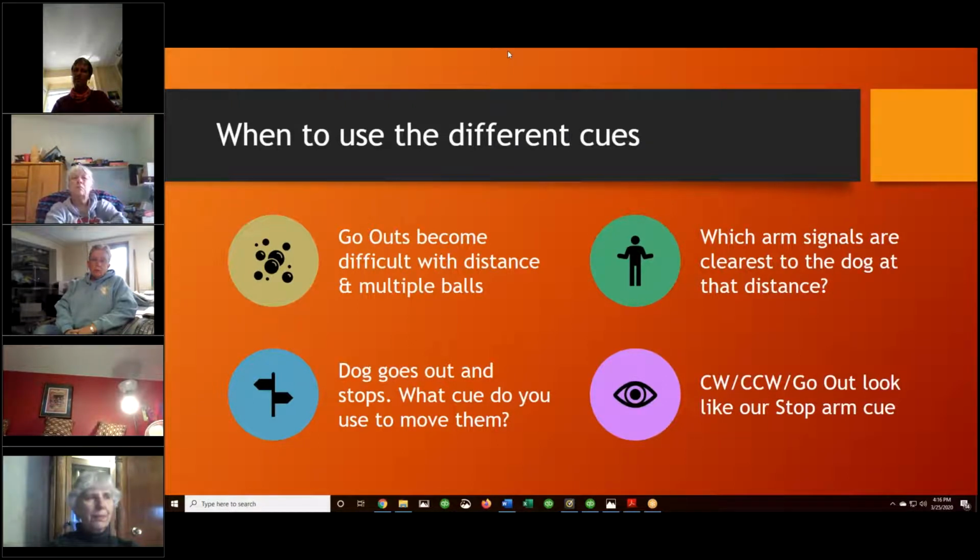If my dog's on my left, I use my right hand. And then once he's out there, I continue to use that same right hand to move him right. A lot of people, if their dog's on their left, will take their left hand and direct their dog out, and then continue with their left hand to move them to the right.